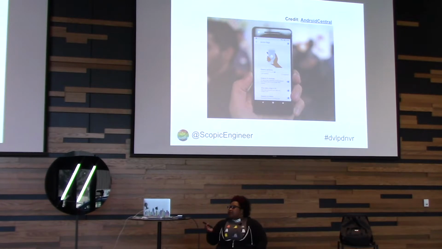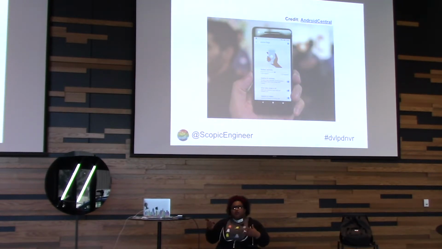So an example of this is Active Edge on Pixel phones. If you don't know what that is, if you squeeze the phone, you can actually bring up the Google Assistant.